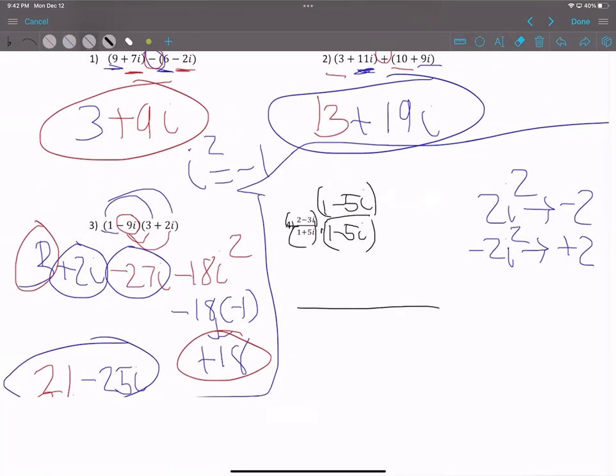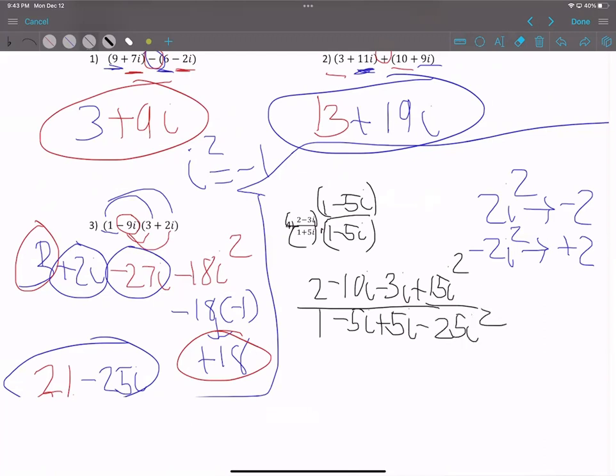So if you FOIL out the top, you should get 2 minus 10i minus 3i plus 15i squared. On the bottom, you should get 1 minus 5i plus 5i minus 25i squared.